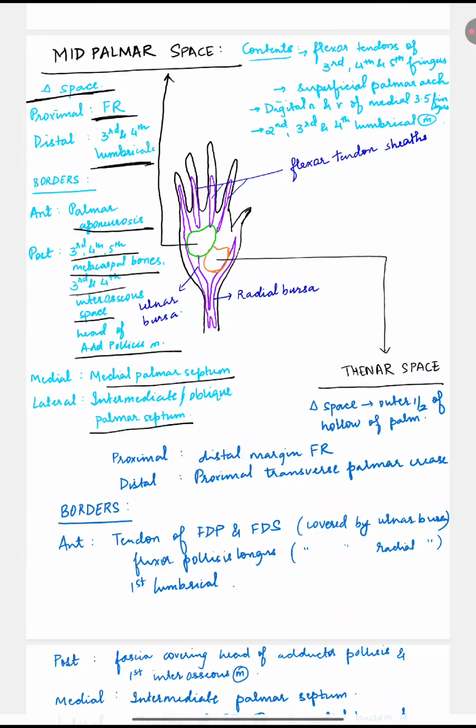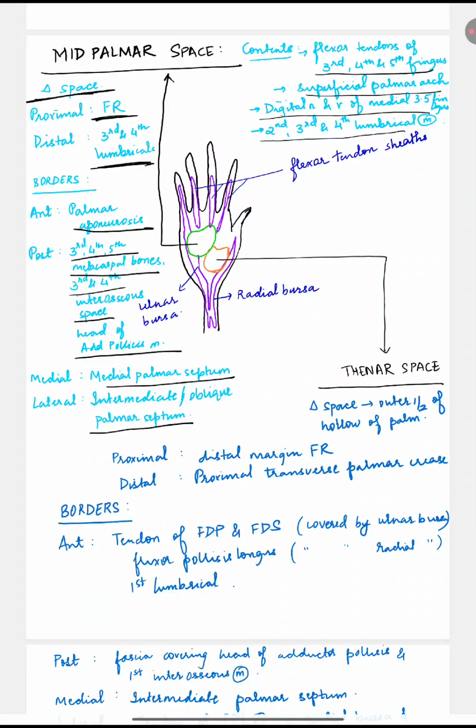Now the contents are flexor tendons of the third, fourth and fifth fingers, superficial palmar arch, digital nerves and veins of the medial 3.5 fingers, and the second, third and fourth lumbrical muscles.